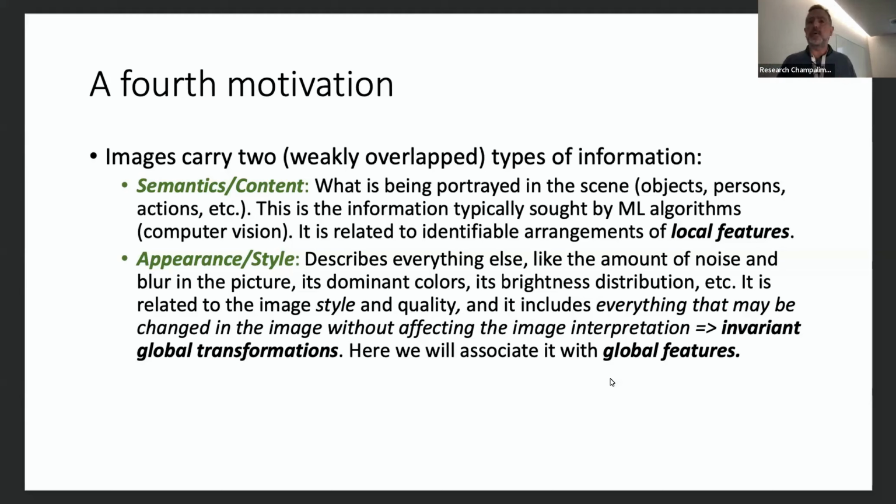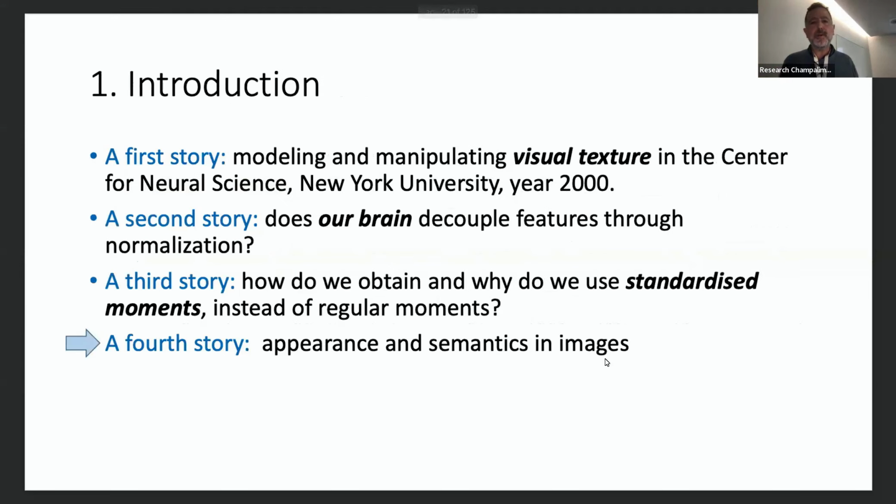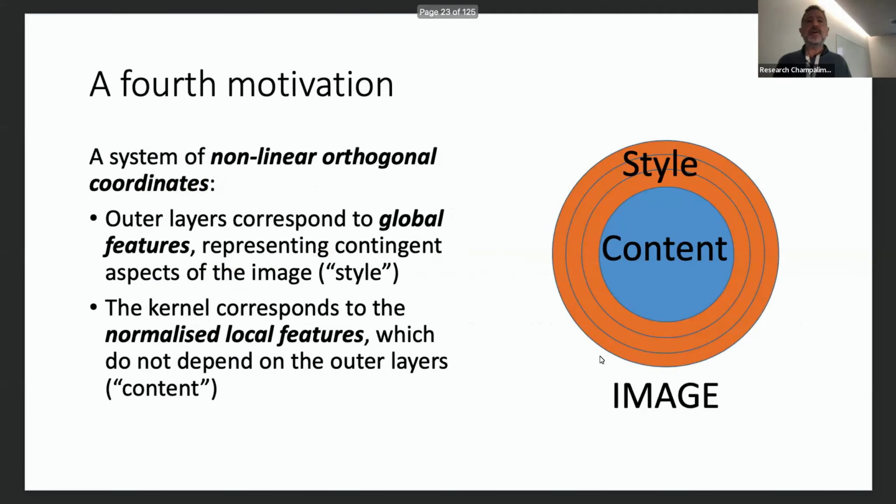Yesterday we saw some examples. We can change texture, we can change color, and we still see the meaning, what's going on in the image, right? So this is telling us there are some invariants. Maybe I'm advancing a mathematical term that is not always correct, but invariance of manifolds. We can move through these invariant manifolds without affecting, or not seriously affecting, the semantics. So it could be something like that.